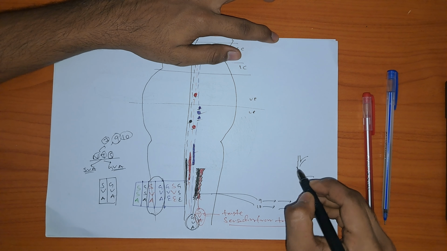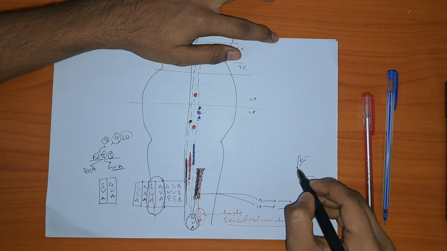Here we have three nuclei in one line: one is the mesencephalic nucleus, one is the chief sensory nucleus, and another is the spinal nucleus. The mesencephalic nucleus is related to the midbrain, so it is located somewhere here. This is the mesencephalic nucleus of trigeminal.